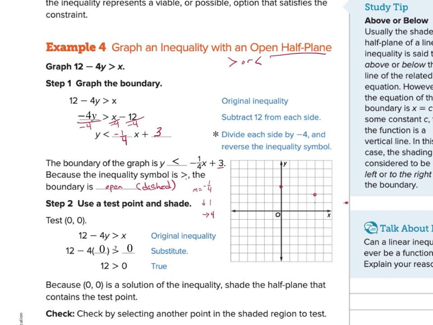The other option is that I can go up 1 and left 4. So basically a positive 1 and then a negative 4. You do have that option because you want to be able to graph in both directions. Oh, remember it's supposed to be a dashed line.